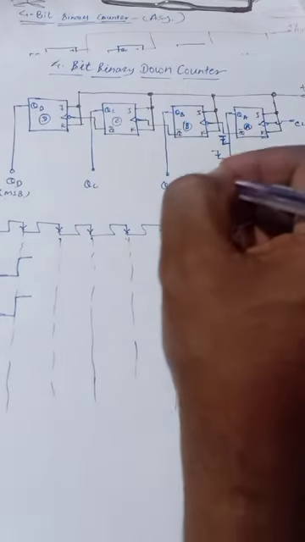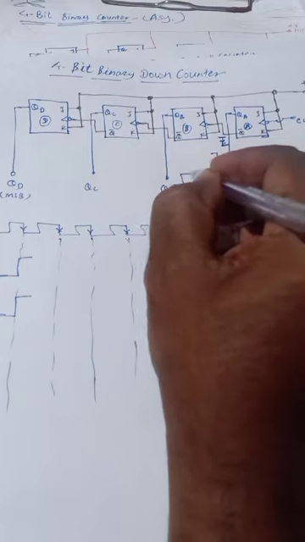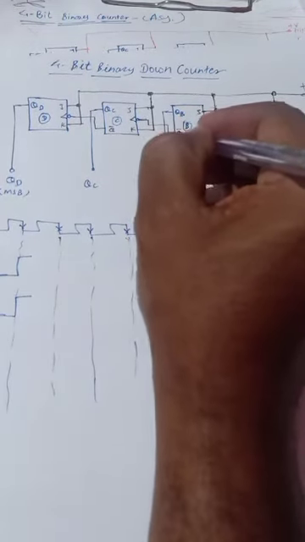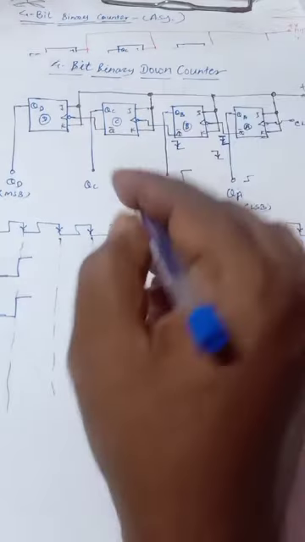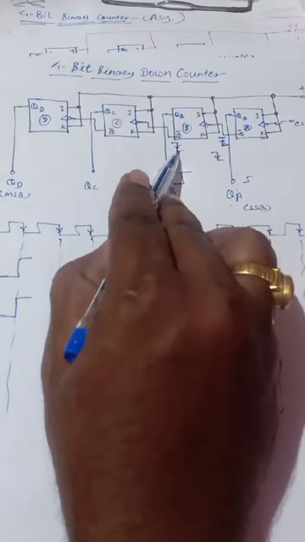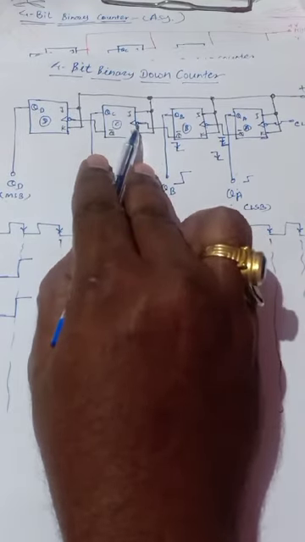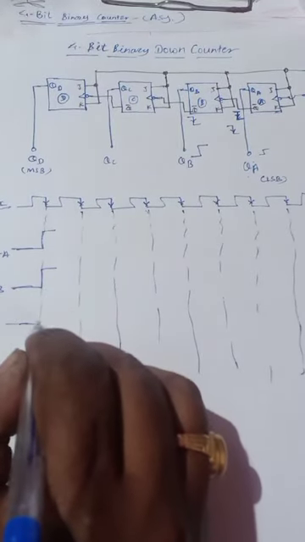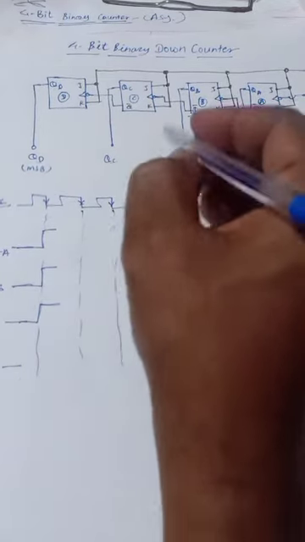Okay, similarly as QB changes state from low to high, at the same time Q bar changes state from high to low, because both are opposite. So this is a negative edge, and this negative change is applied to the C flip-flop, so it changes state.